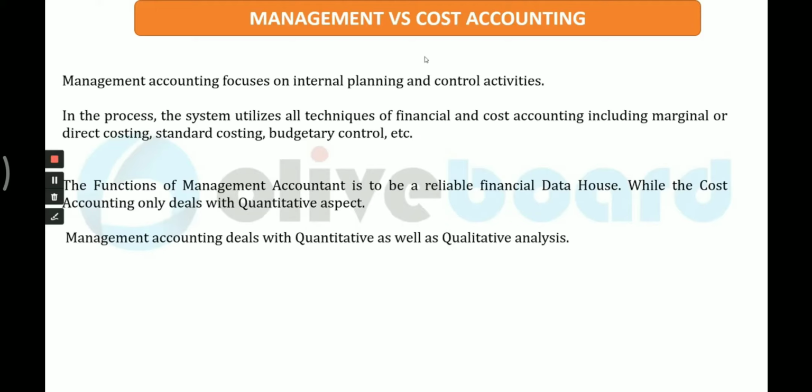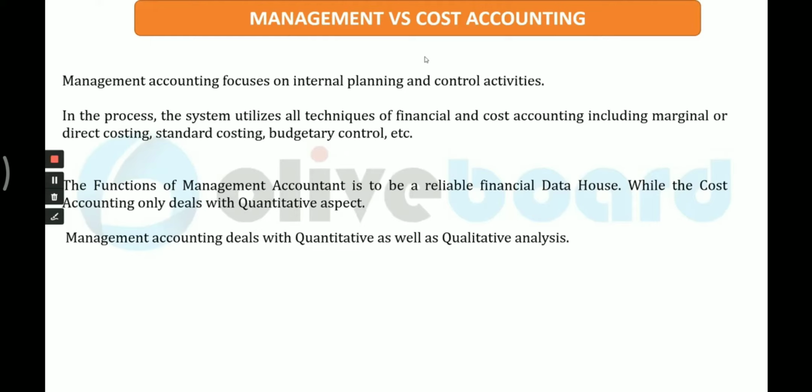It won't talk about qualitative analysis, but management accounting talks about both quantitative and qualitative: how effective and how efficient. Both things will be discussed under management, whereas under cost accounting it talks only about quantitative aspects. We rely only on the quantitative aspects under cost accountancy.